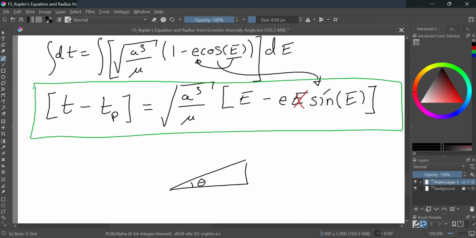So we have a triangle, we have our theta, and cosine looks at the adjacent leg, and sine looks at the opposite leg. As theta increases, meaning that it moves in that direction, our sine goes up by the rate of change of the cosine, and our cosine goes down by the rate of change of our sine.